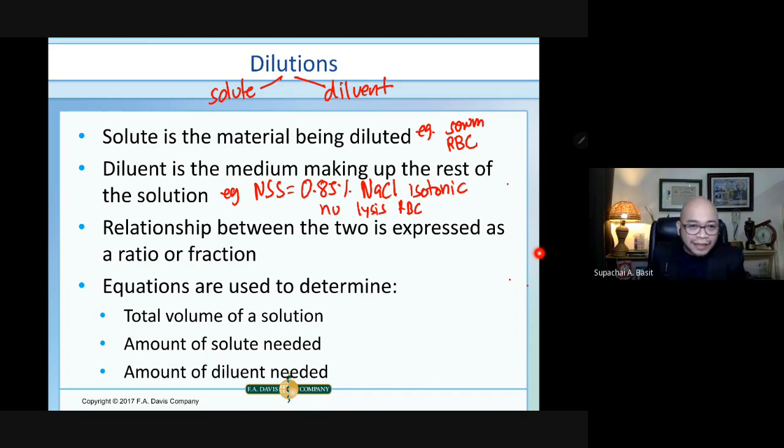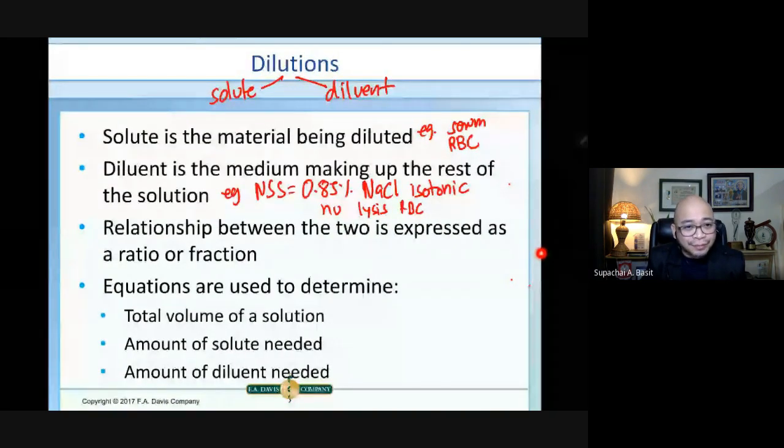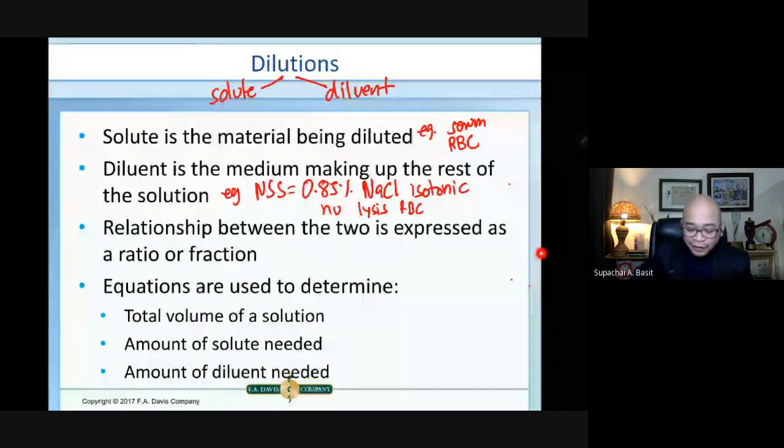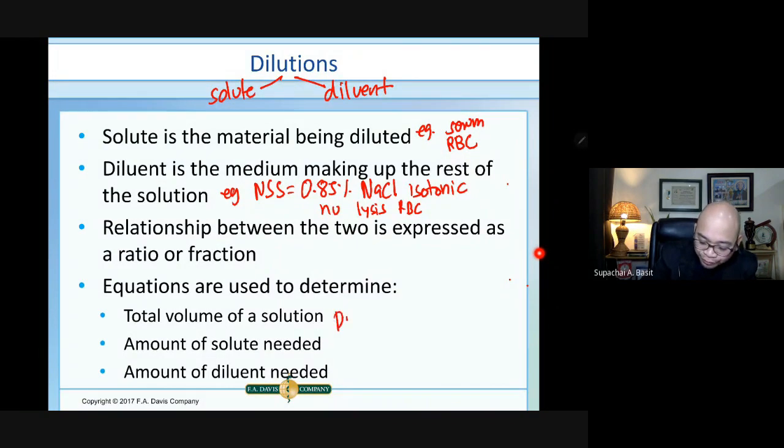So the relationship is expressed as a ratio or a fraction. Okay, so equations are being used to determine the dilution. So usually dilution is computed using the total volume and the amount of the solute.